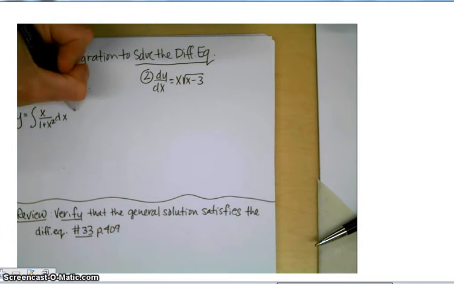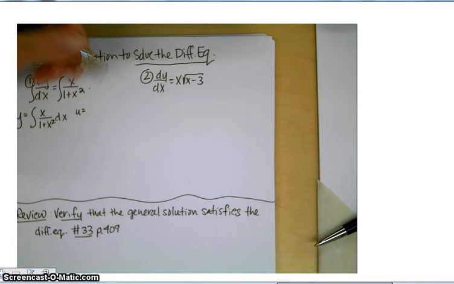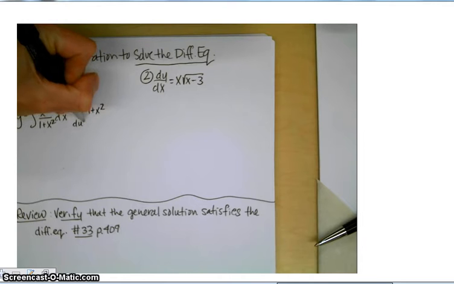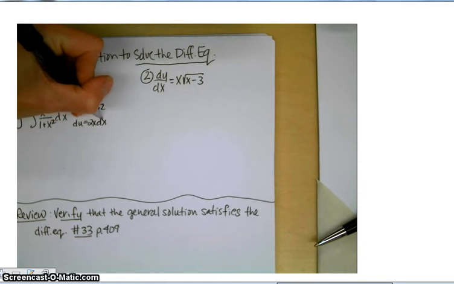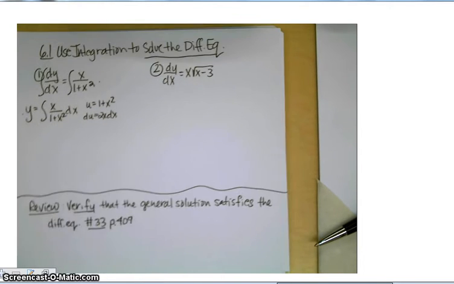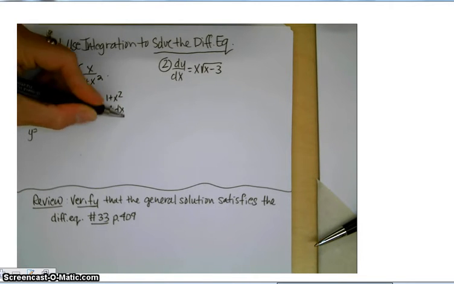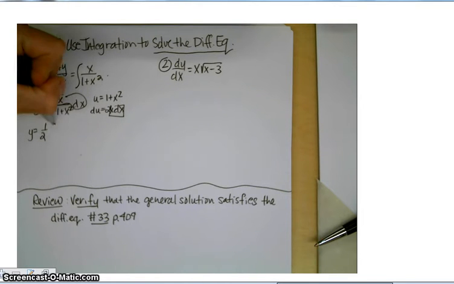Alright, so to find this antiderivative, I'm going to let u be 1 plus x squared. du is 2x dx. Substitute back in, y equals, the x dx is going to be replaced with 1/2 du, and this is u.